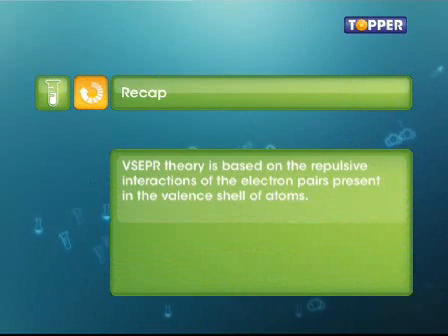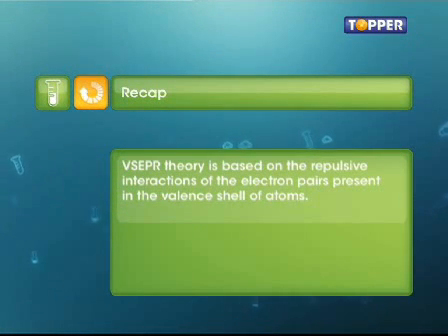Those were a lot of examples, but hopefully they helped you visualize each kind of molecular geometry and shape. But if you are still confused, here is a short recap for you. The theory was based on the repulsive interactions of the bonding and non-bonding electron pairs in the valence shell of atoms.